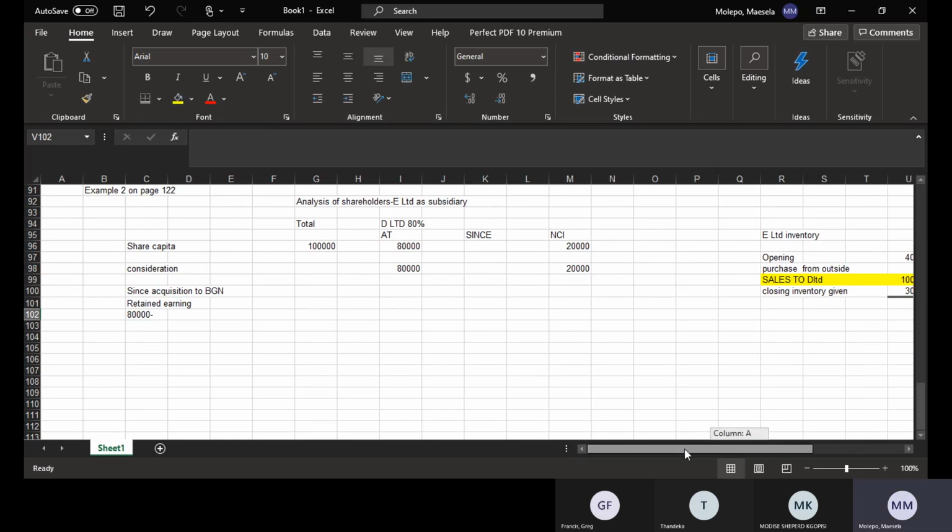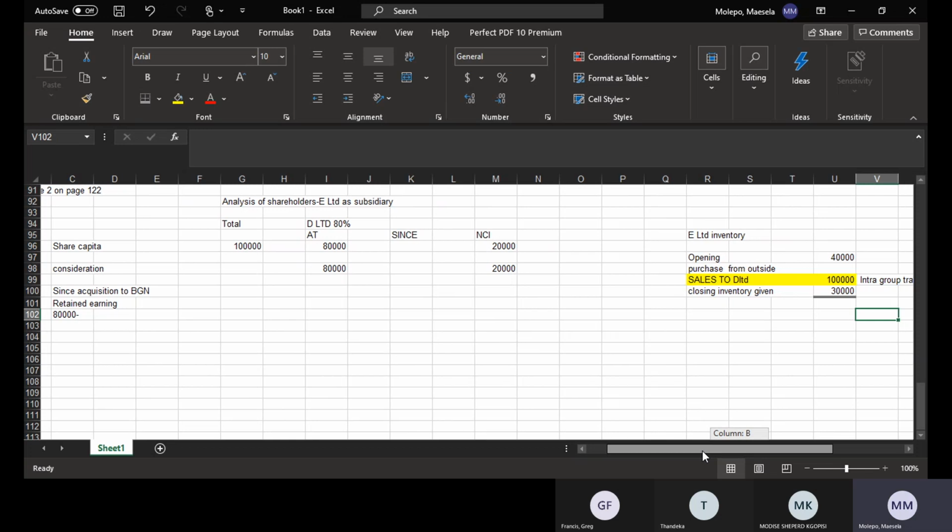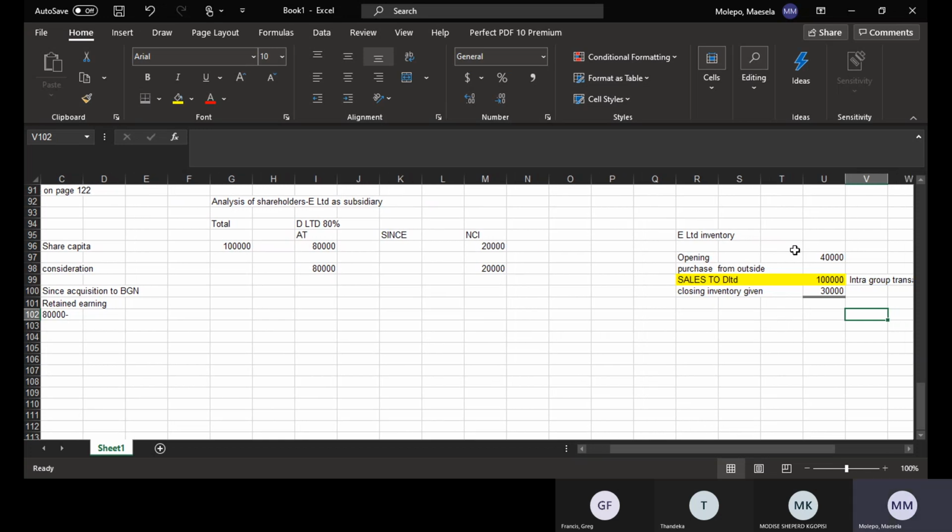So now, because last year when we were closing our books we had the closing of 40,000, and we calculated the profit which was not yet realized. Now in the current year, when we open, this 40,000 is gonna be sold to D Limited. So out of this 100,000, there is 60,000 of the current year plus the 40,000 which comes from the inventory of the prior year.